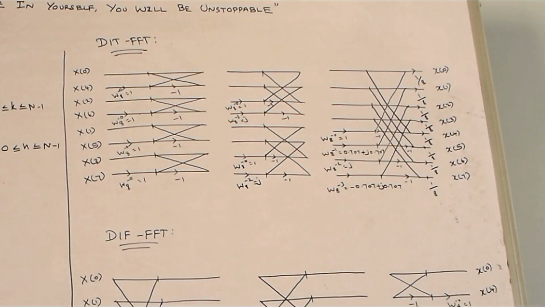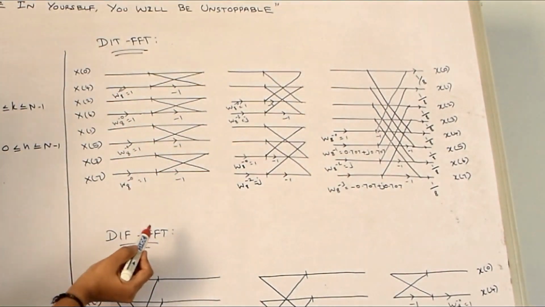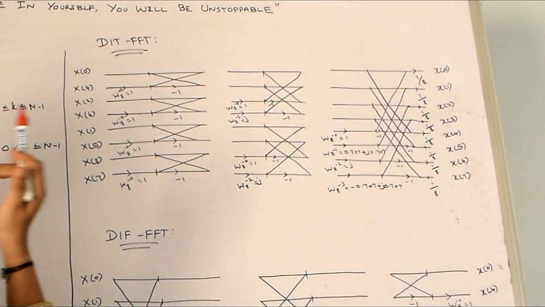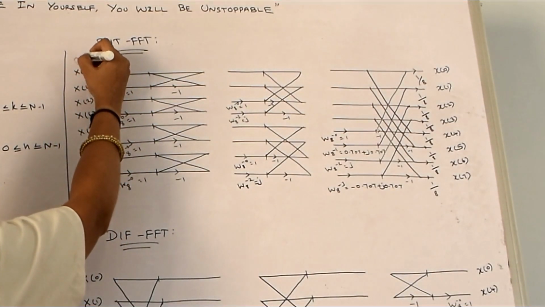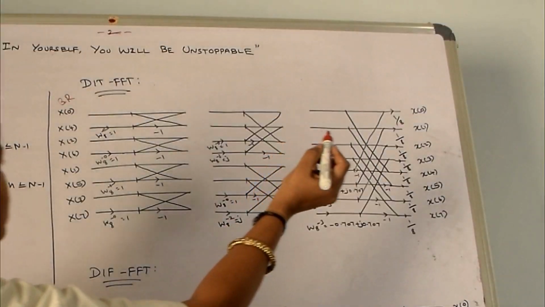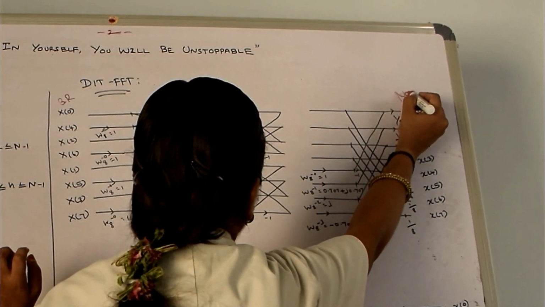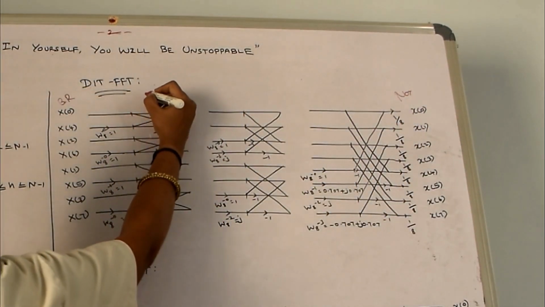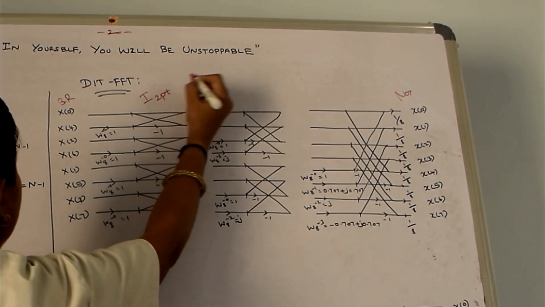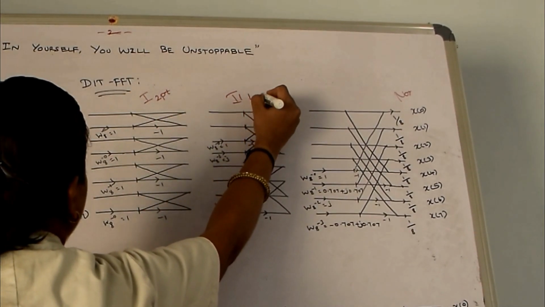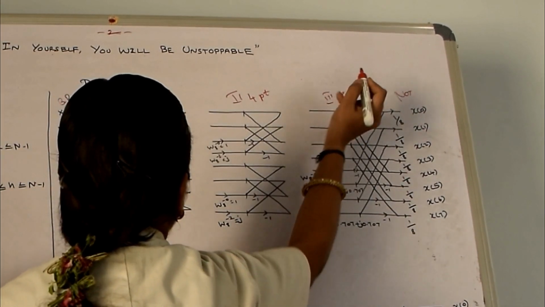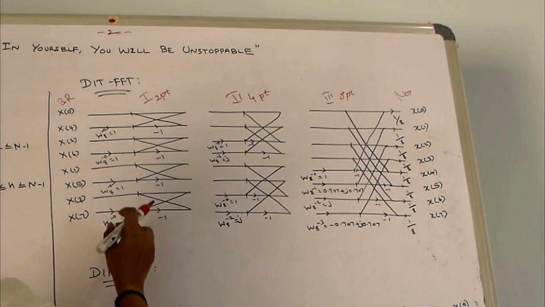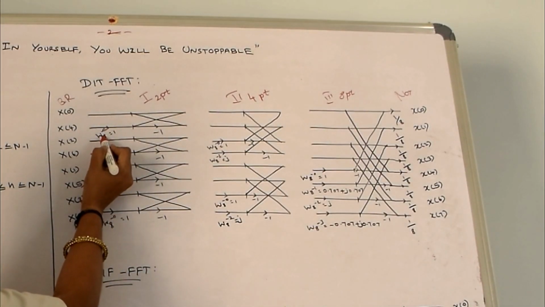We will see the general flow graph of DIT FFT and DIF FFT for IDFT problems. In DIT FFT, your input will be in bit reversed order and output will be in natural, normal order. The first stage is 2-point DFT, the second stage is 4-point DFT and the third stage is 8-point DFT. Look at the twiddle factor values.